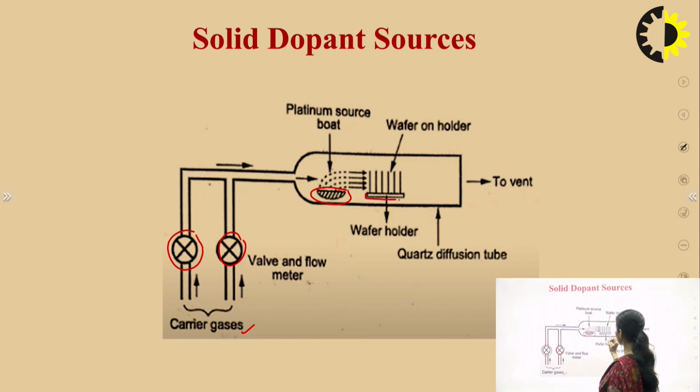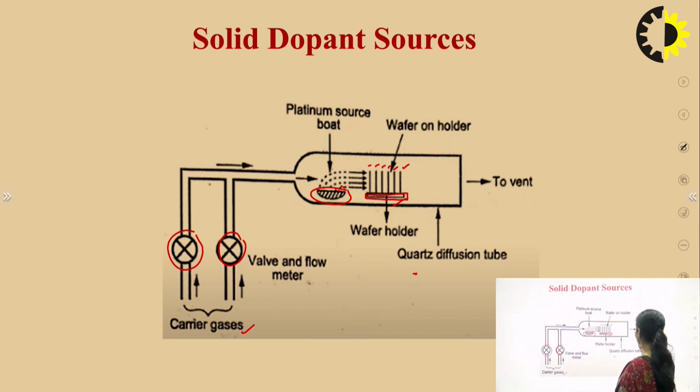Now this is the holder which is holding the wafers. These are all the vertically arranged wafers. This holder is having the wafers on it, so this is known as the wafer holder. Now inside the platinum source boat is the dopant source which will be vaporized.